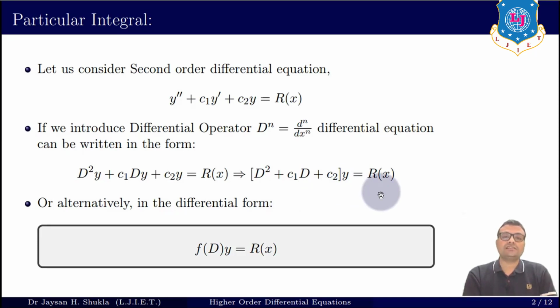And later on, we can write this in the differential form as f of D y equal to r of x. This is our first step in all solutions of higher order differential equations.